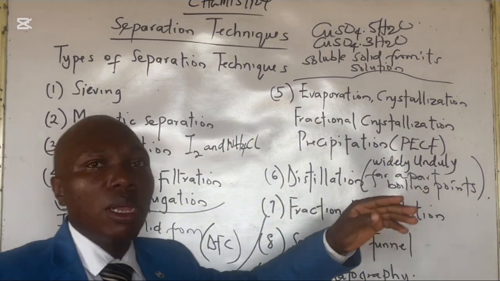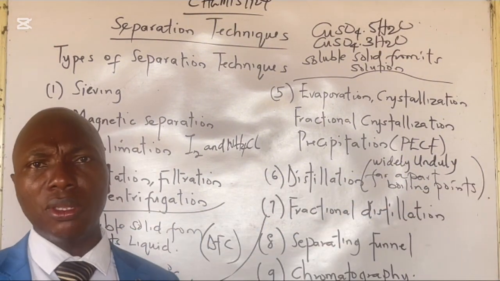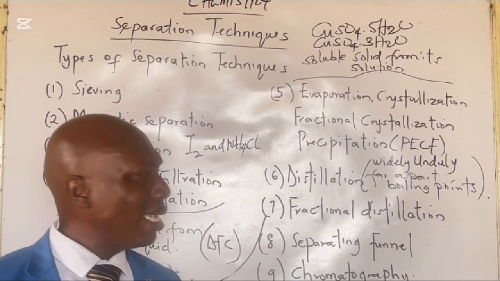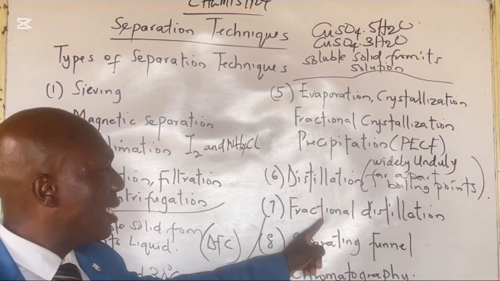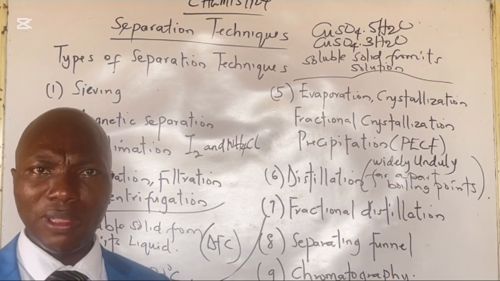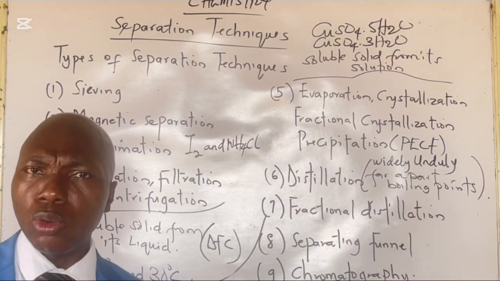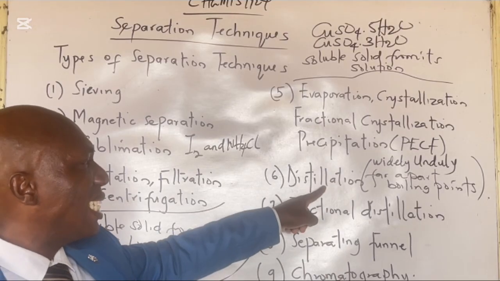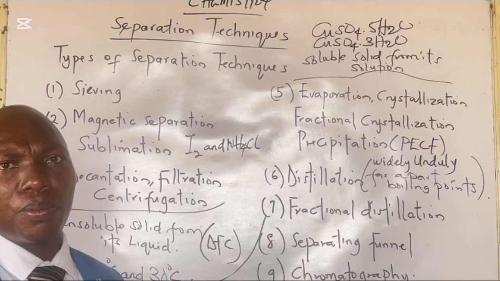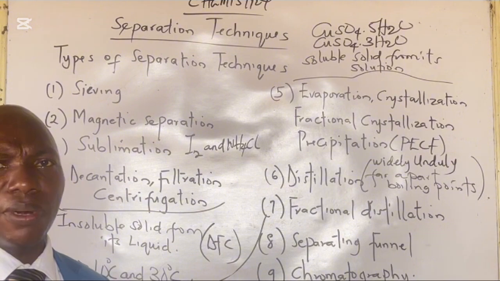But distillation, widely different boiling points. Another difference is that for fractional distillation, in the construction of the apparatus, you must use what we call a fractionating column, which is not present in distillation. That is their major difference.